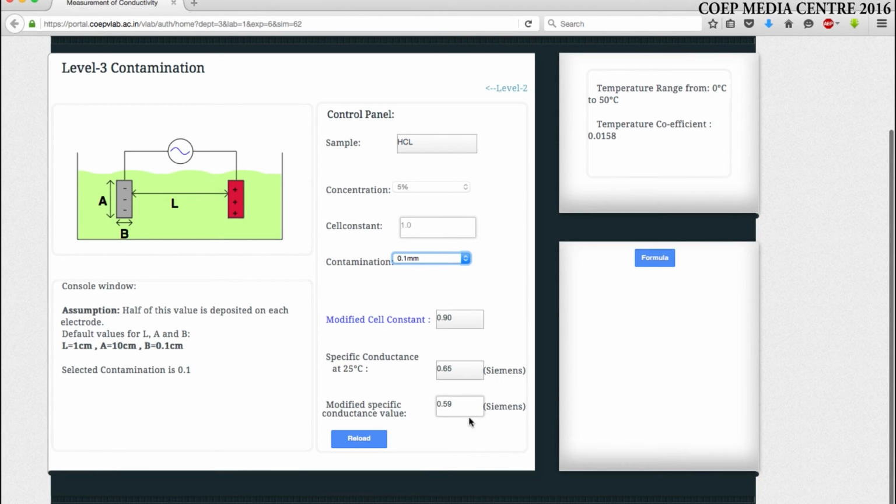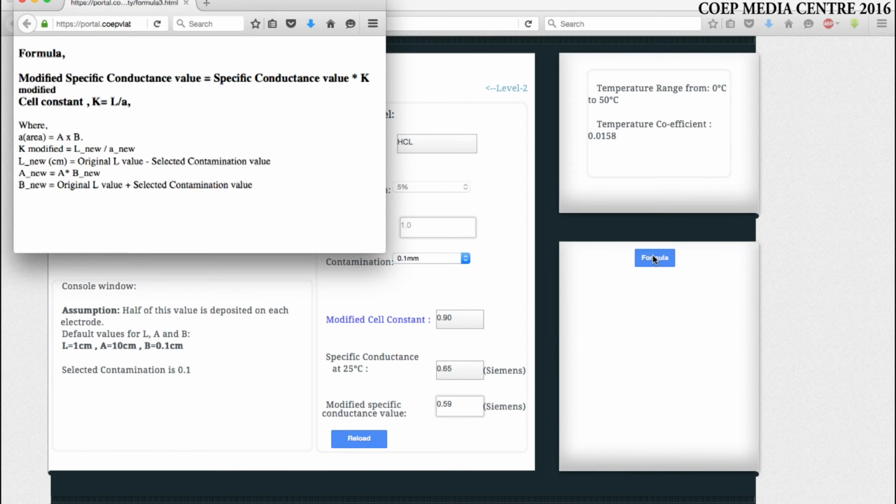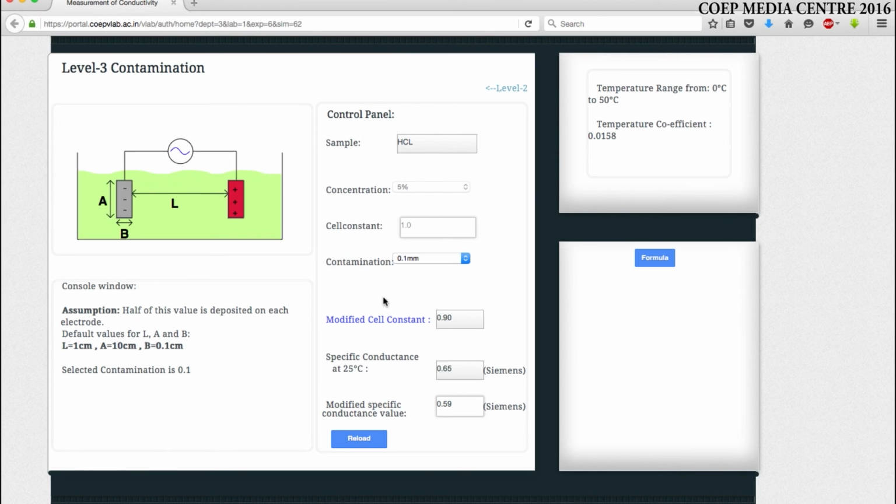What will happen to this value? So in other words, the modified cell constant will become 0.9. Previously it was 1, it will become 0.9. Specific conductance will become 0.65 and the modified specific conductance will become 0.59. Now you can calculate this using the formula and then cross-check that your conductivity sensor with contamination is giving you a modified cell constant or change in cell constant.